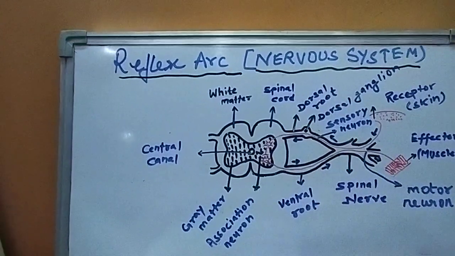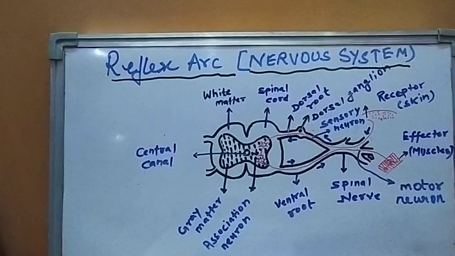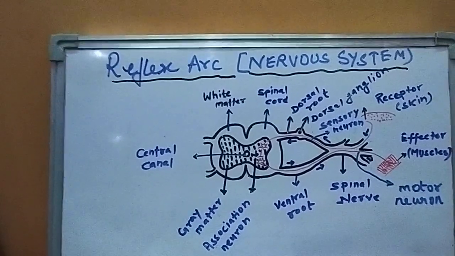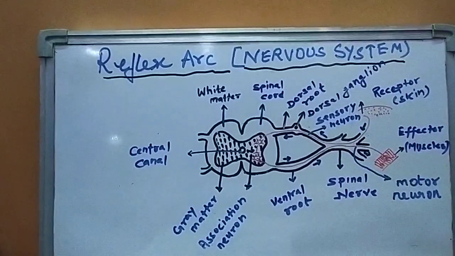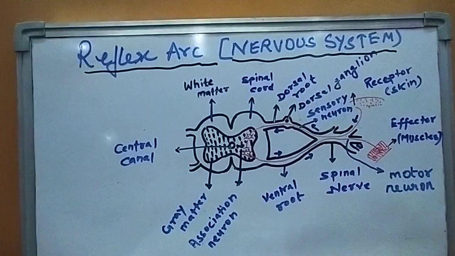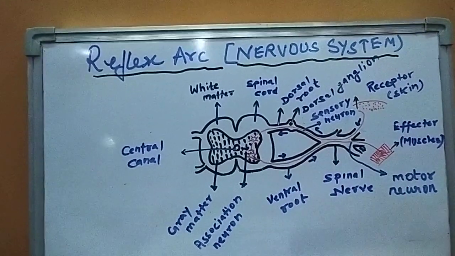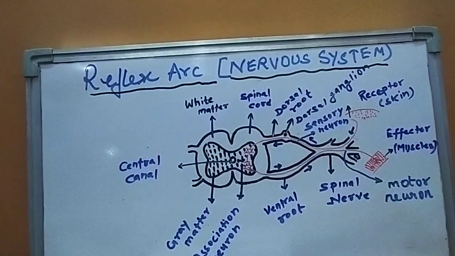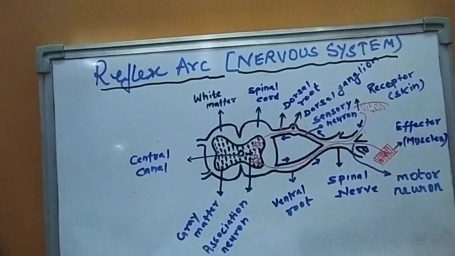It runs longitudinally and is continuous with the cavities of the brain, that is the ventricles, and it is also filled with CSF, the cerebrospinal fluid, which acts as a shock absorber, cushion, and even forms an exchange of food materials, waste products, and respiratory gases with the neuron.